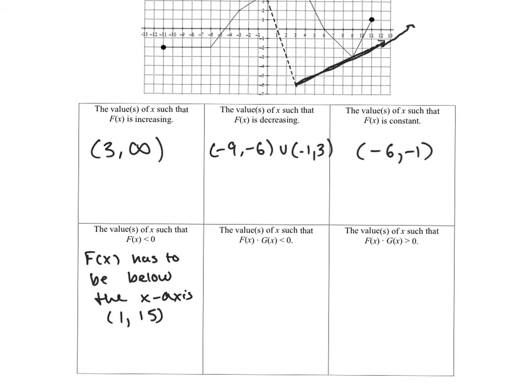So now check this out. So the values of x such that f of x times g of x is less than 0, okay?